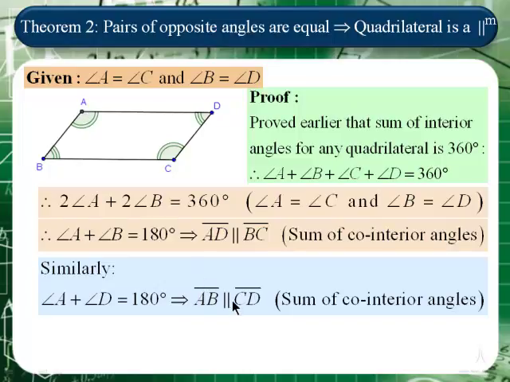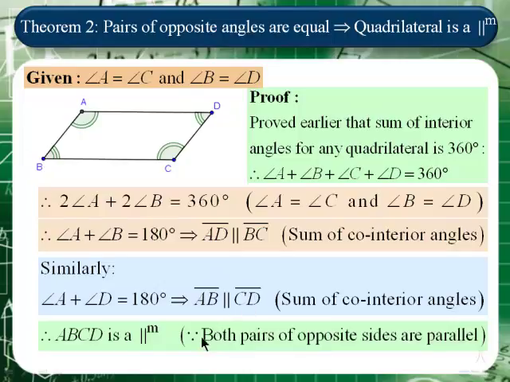So this simply then means that the sum of two co-interior angles is equal to 180. Therefore line segment AB must be parallel to line segment CD, and therefore we have proved that both pairs of opposite sides are parallel, and therefore ABCD must be a parallelogram.